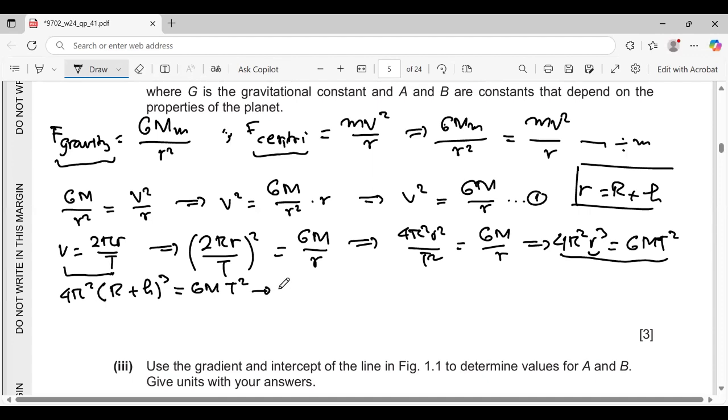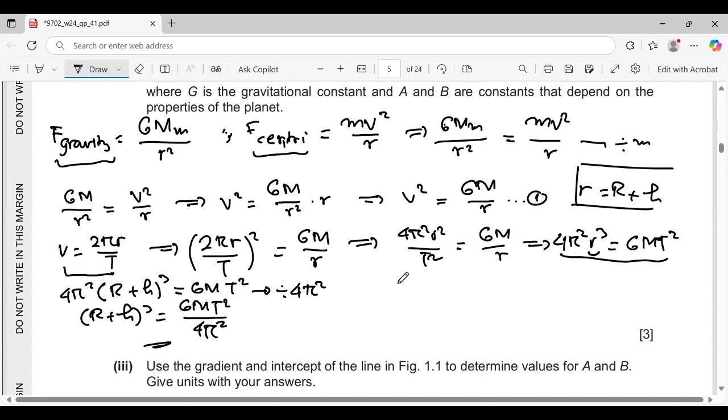After that, divided by 4 pi squared, it becomes (R plus h) cubed equal GMT squared over 4 pi squared.